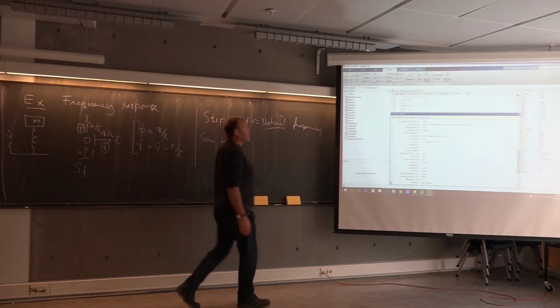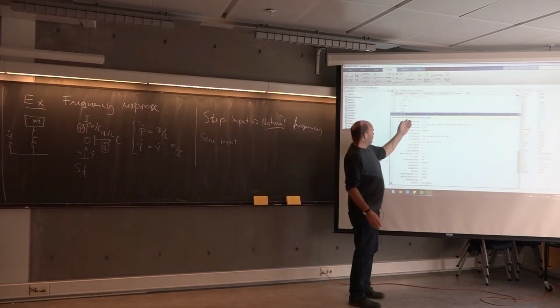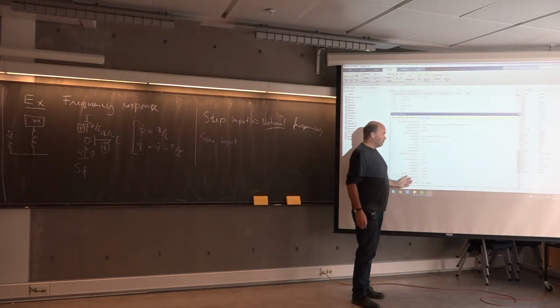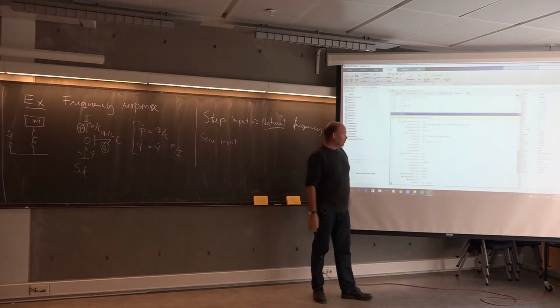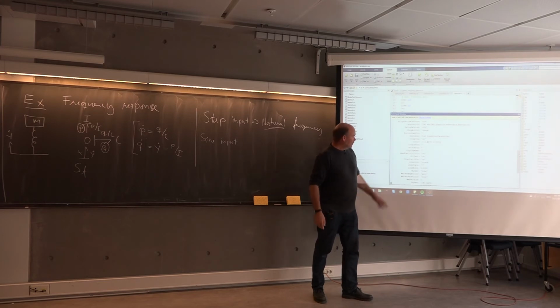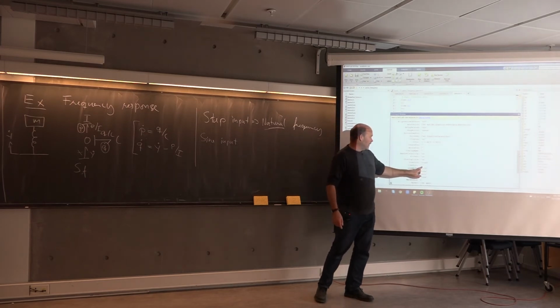So all of these properties for this graphical object you can play around with, you can change during your simulation. So here the line style, that's a straight line, and the line width is 0.5.